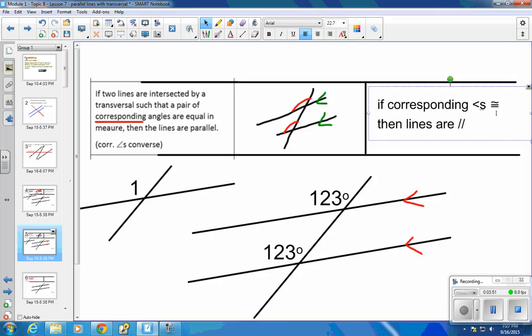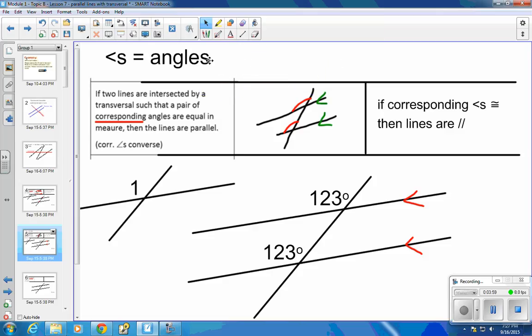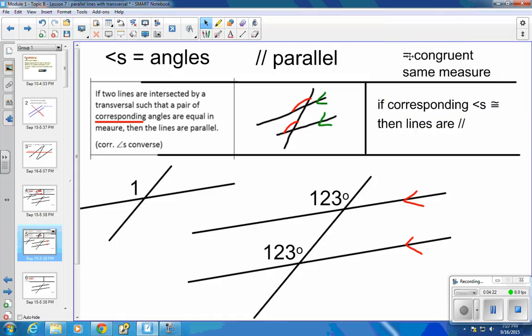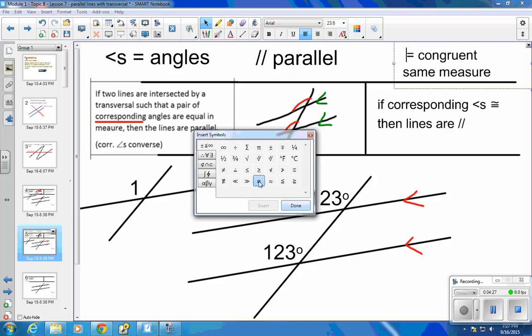So we've got some notation in here. That means angles, and that means parallel, and then we have our last one here, which means congruent, same measure. And the symbol there for that is that one.